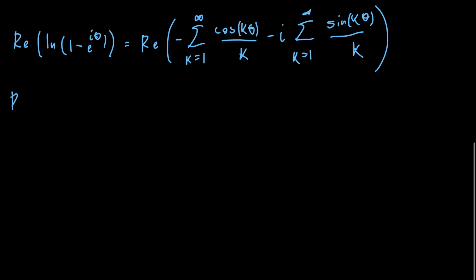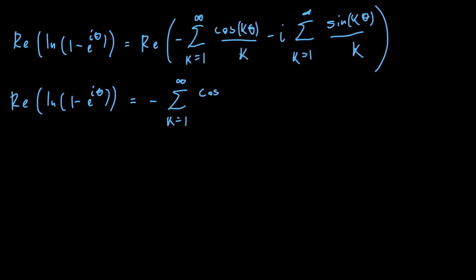So we have the real part of the natural log of 1 minus e to the i theta is, the real part of this would be negative the sum from 1 to infinity cosine of k theta over k.